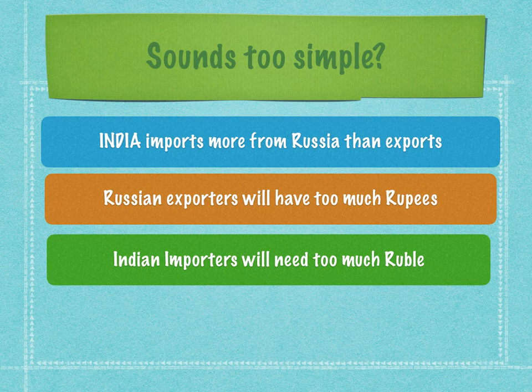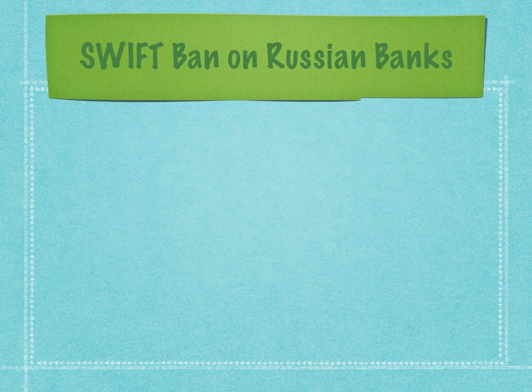And therefore, the confusion would arise as to why should the Indian importer pay too much or extra rates or higher premium for the ruble just because of the balance of trade situation between India and Russia. So this has not yet happened. Even though this opportunity is being extensively explored, it has not yet happened.